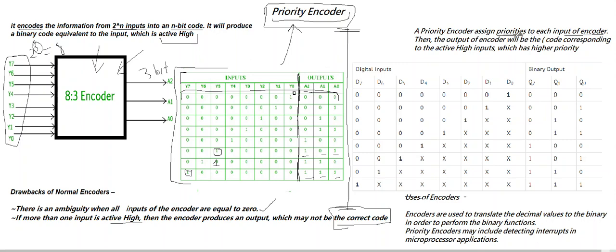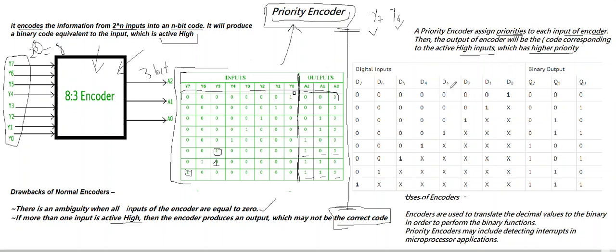When I say it assigns priority, whatever inputs we have, Y7, Y6 and so on, the priority encoder assigns priority: Y7 will be the highest priority and then Y6. The output of the encoder will be the code corresponding to the active high input which has the highest priority. So we have the solution.